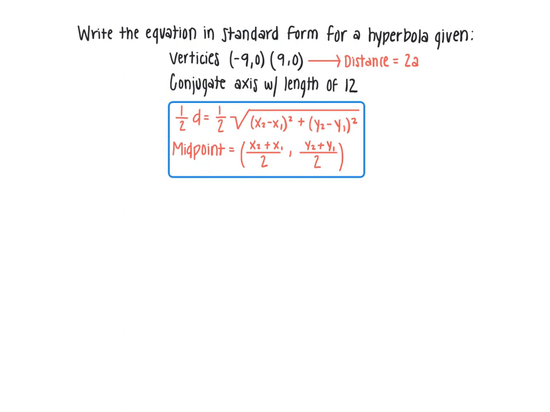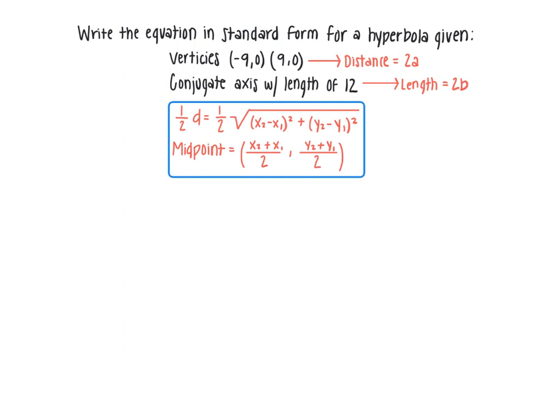So again, you might not have this stuff memorized at the top of your head, but if you go to slide number 2, you're going to see on the table that the length of your conjugate axis is equal to 2b. So if you take that length and divide by 2, then you can find b.